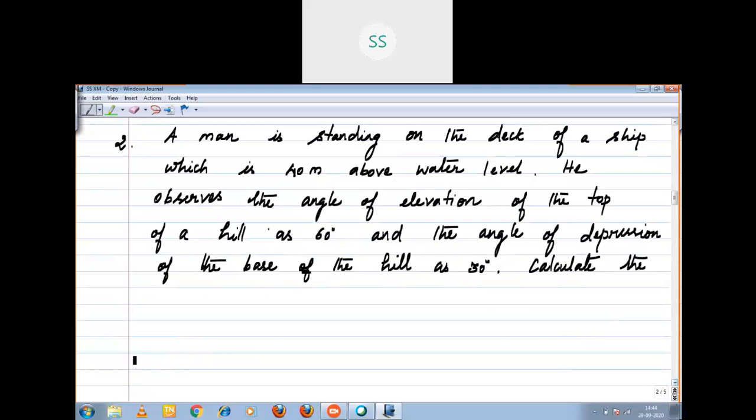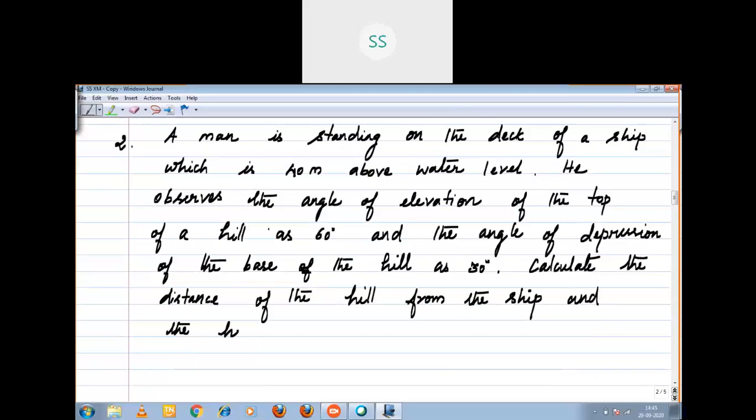Calculate the distance of the hill from the ship and the height of the hill.